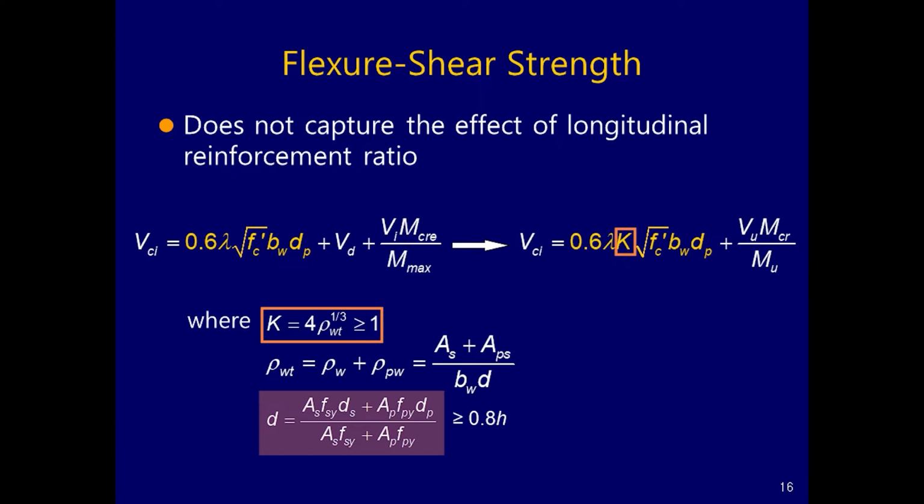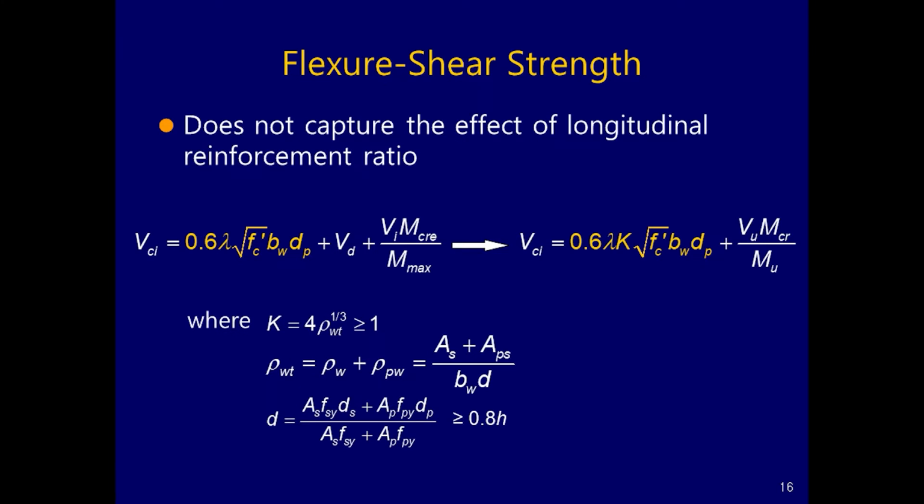The steel reinforcement yield stress and prestressing steel yield stress are used with that effective depth for each respectively, and d should not be less than 80% of h. So that way, the longitudinal reinforcement ratio effect is addressed.